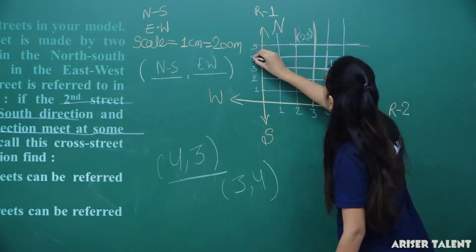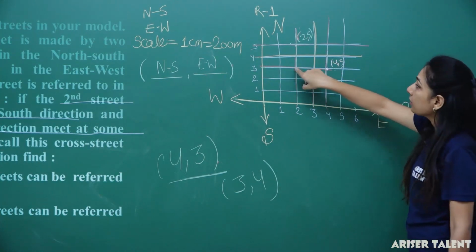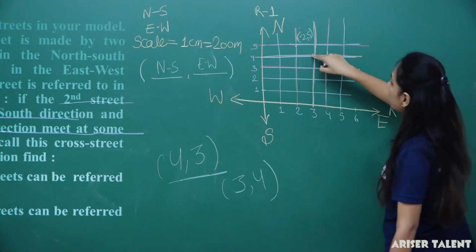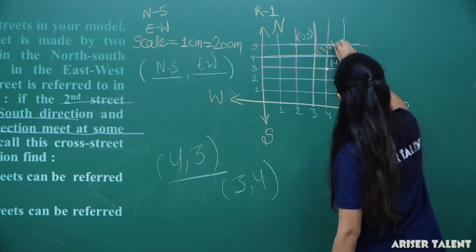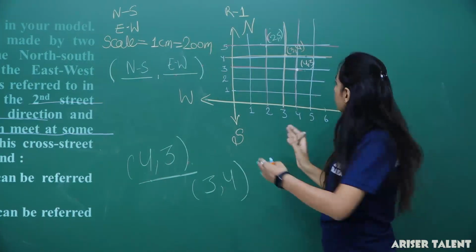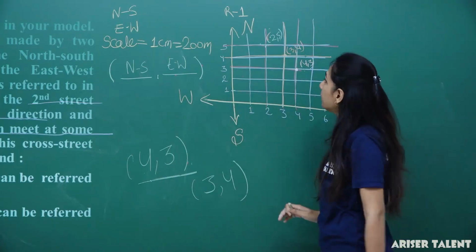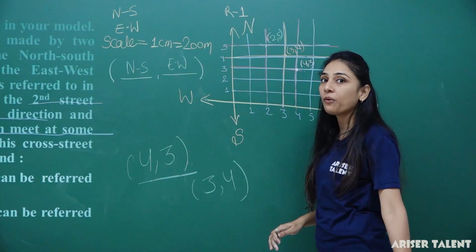So the fourth one is this. Now this street and this street will meet at this point, and that will be the point called 3, 4. There is no other point that we can find, because these two lines are crossing at that particular point only.